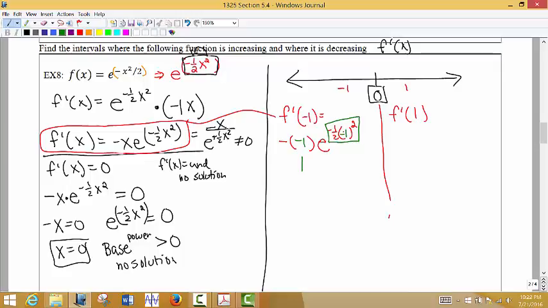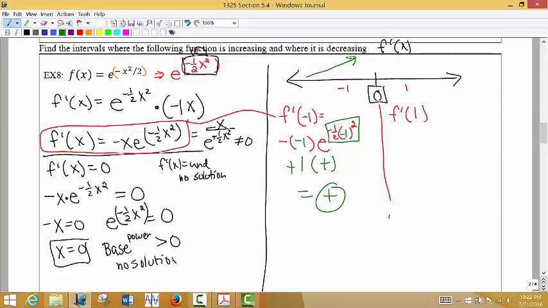E raised to that exponent power is always going to be something positive. So I really don't even care what that value turns out to be because I know it has to always be greater than 0. It has to be positive. So 1 times a positive number, positive times a positive, we end up with a positive. And if we have a positive slope, then we know that the function is increasing for that interval.